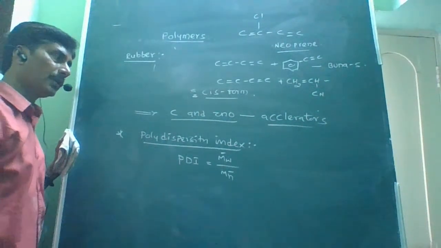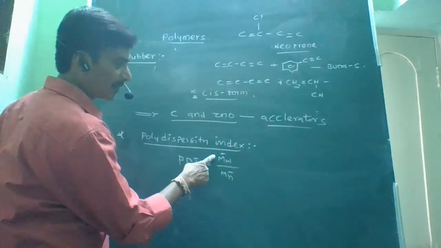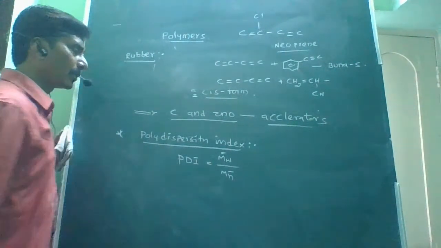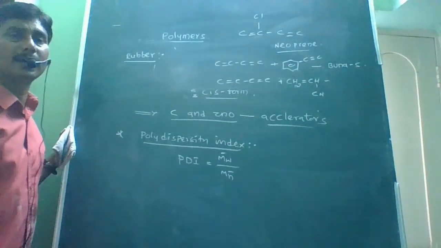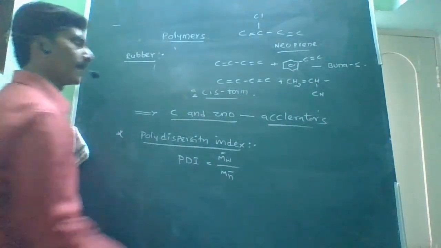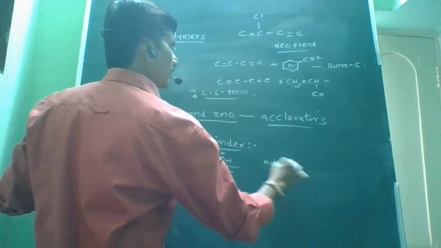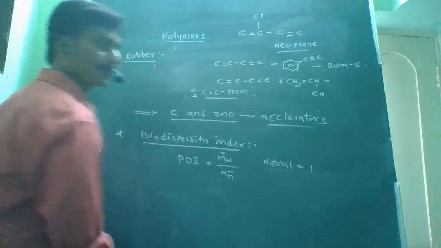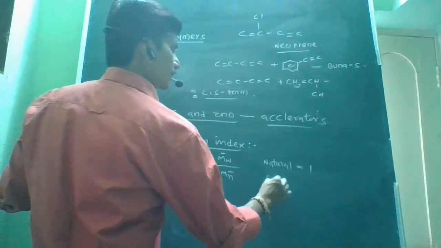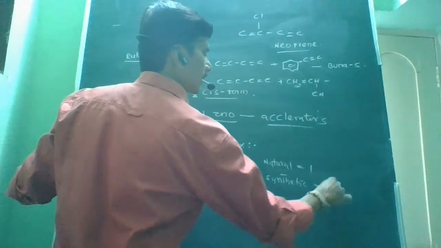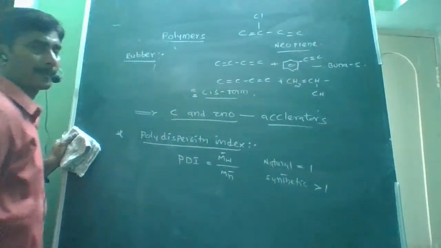The ratio of the weight average molecular weight to the number average molecular weight is known as the polydispersity index. For natural polymers, it may equal 1. For synthetic polymers, it is greater than 1.